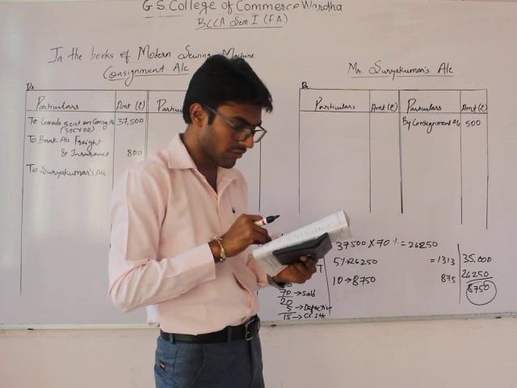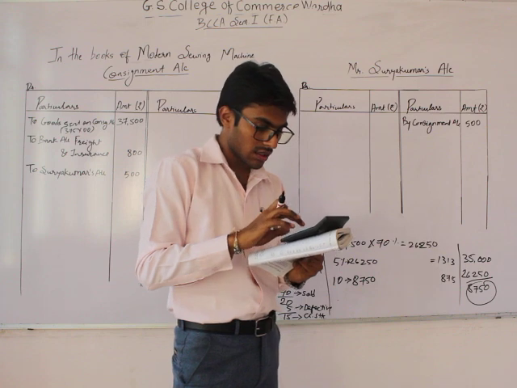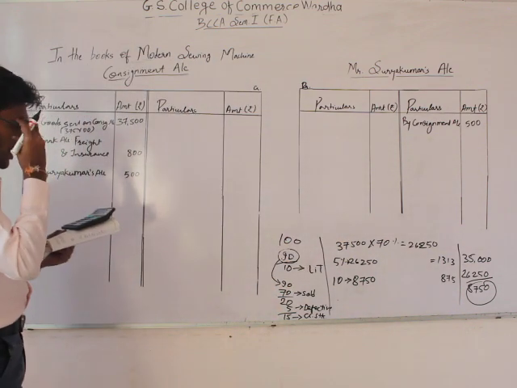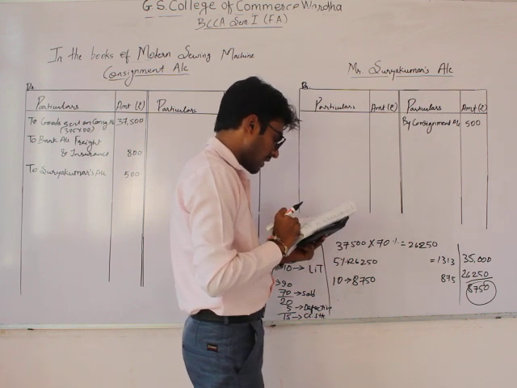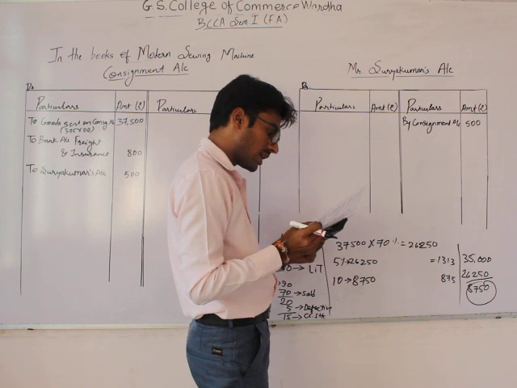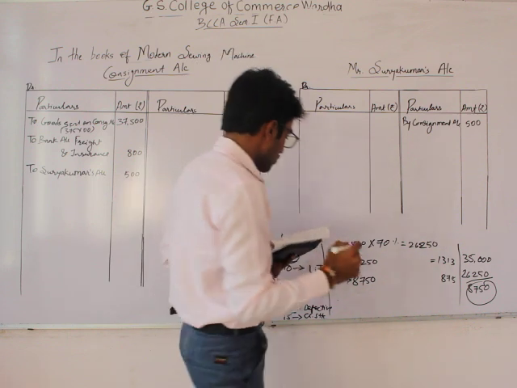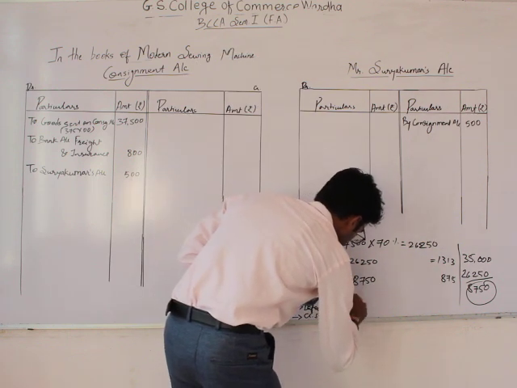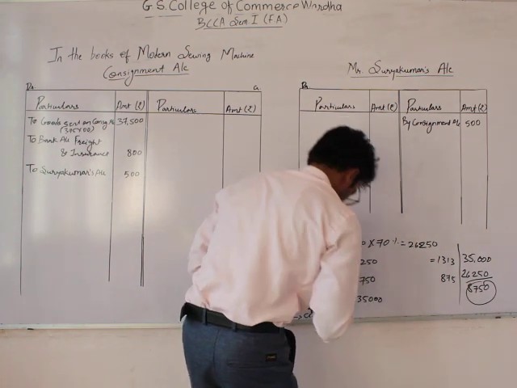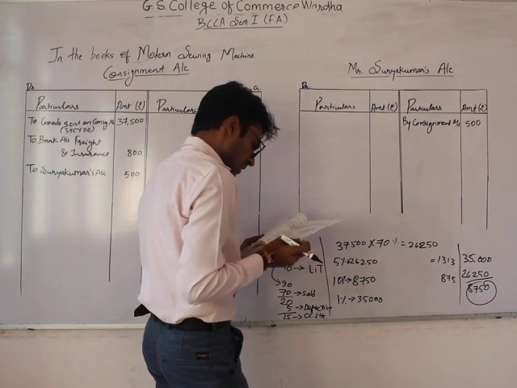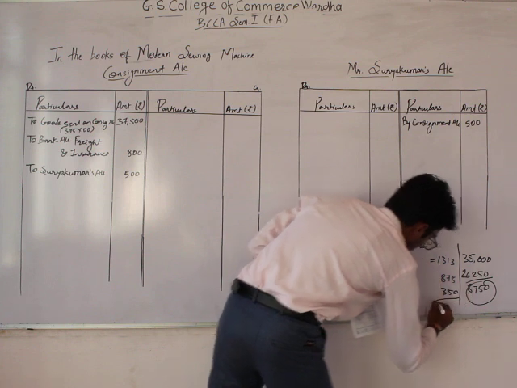In the Del Credere Commission part, you have to take only 1% of the sold items, that is 1% of 35,000, and this 1% will become 350.